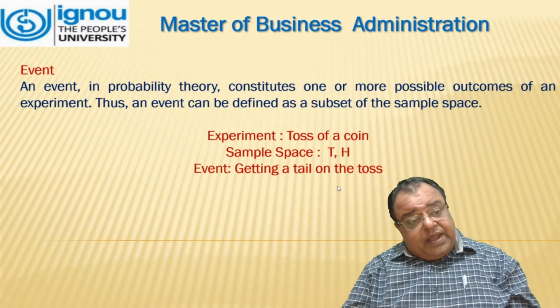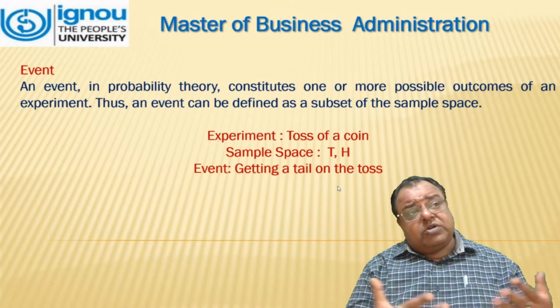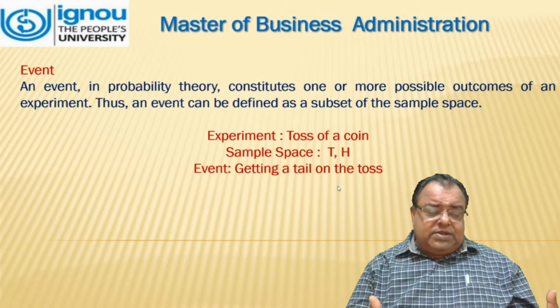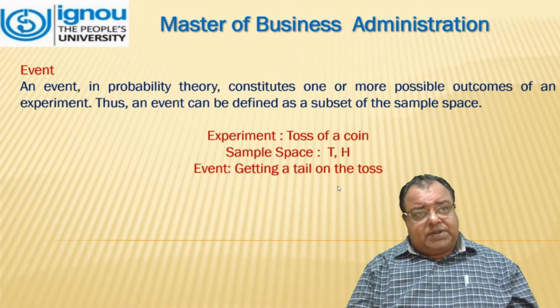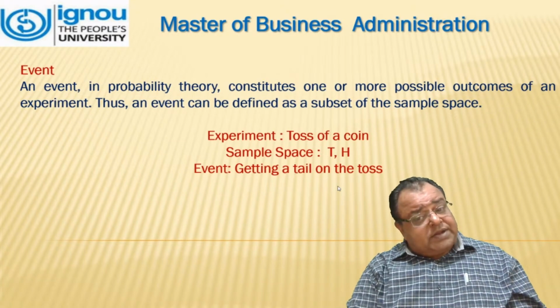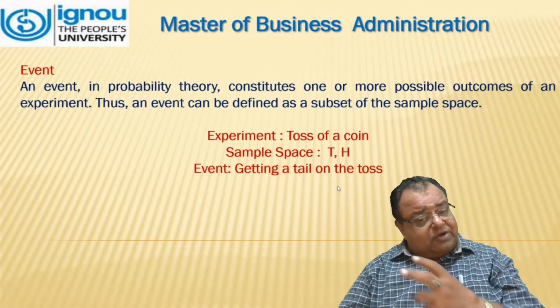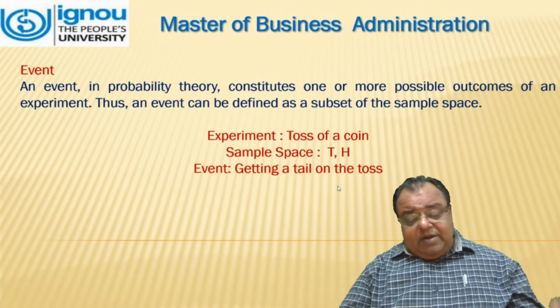Event. An event in probability theory constitutes one or more possible outcomes of an experiment. That means an event can be defined as a subset of the sample space, that is, a part of it. The experiment is a toss of a coin. Sample space is either tail or head, and the event is getting a tail on a toss.